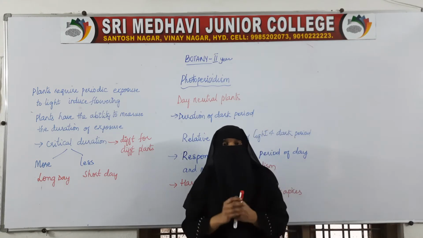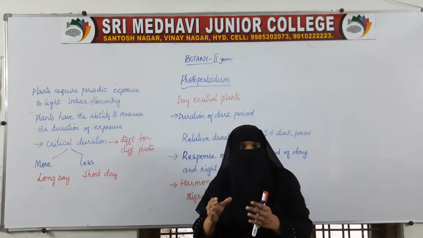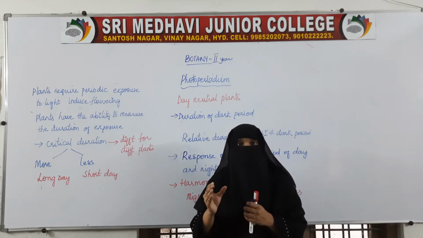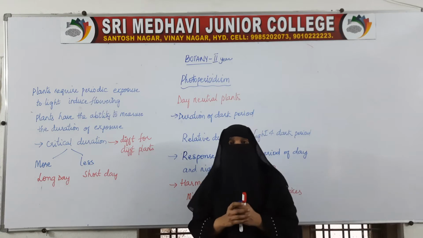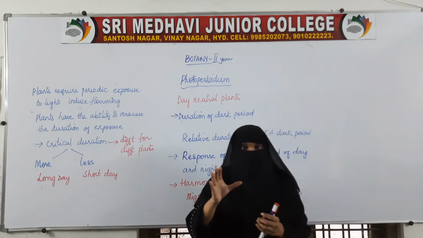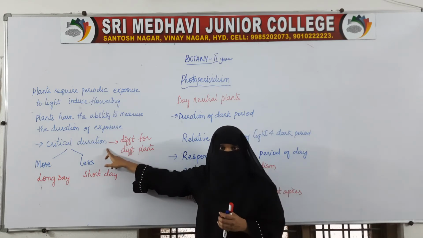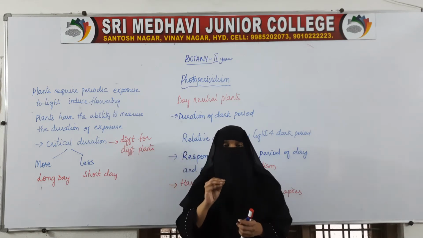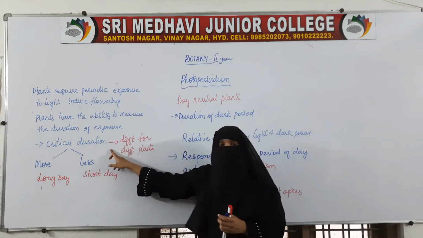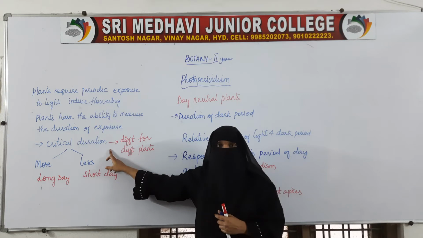For how long the plant was exposed to sunlight helps in inducing the flowering of the plant. So there is a measure, a critical duration, a standard measure. This critical duration will be different for different plants.